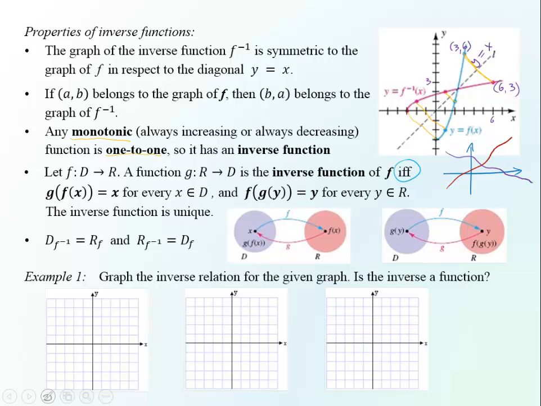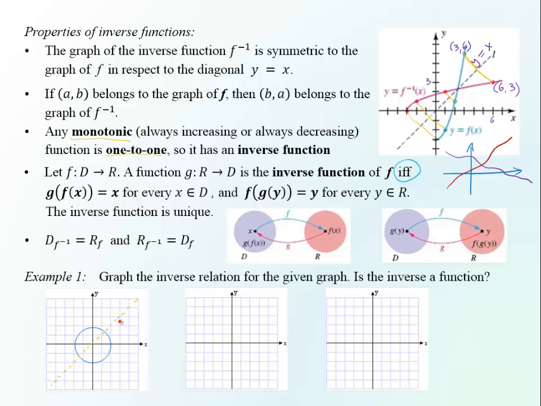So let's exercise a bit. We need to graph the inverse relation for the given graph and state if this inverse is a function or not. So the first graph, it's a relation, that's a blue circle. To find the inverse relation, we basically need to flip each point of this graph with respect to the diagonal y equals x.